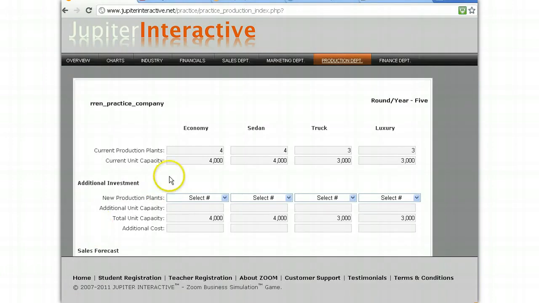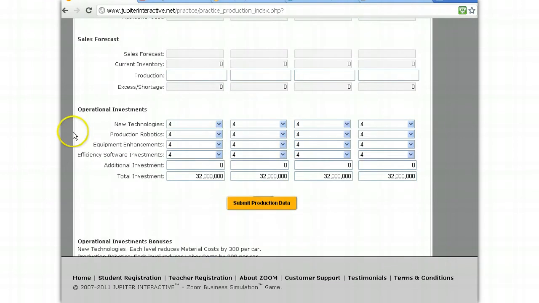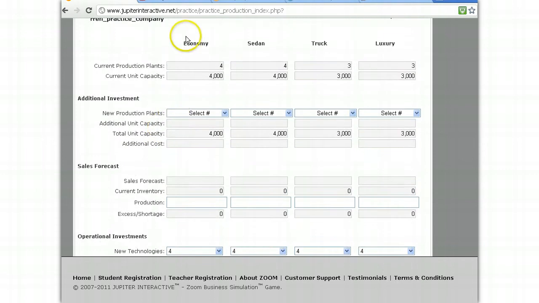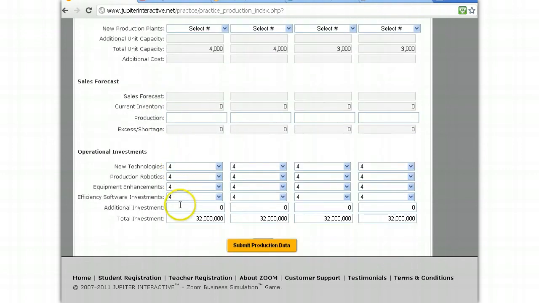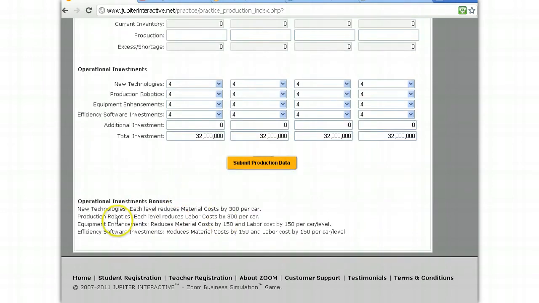Here is the Zoom simulation, and we're looking at the production page. If we make an operational investment in the economy class, with 4 levels of investment, the total investment would be $32 million, or 16 levels of investment. And for each level of investment, there are different cost reductions we get.